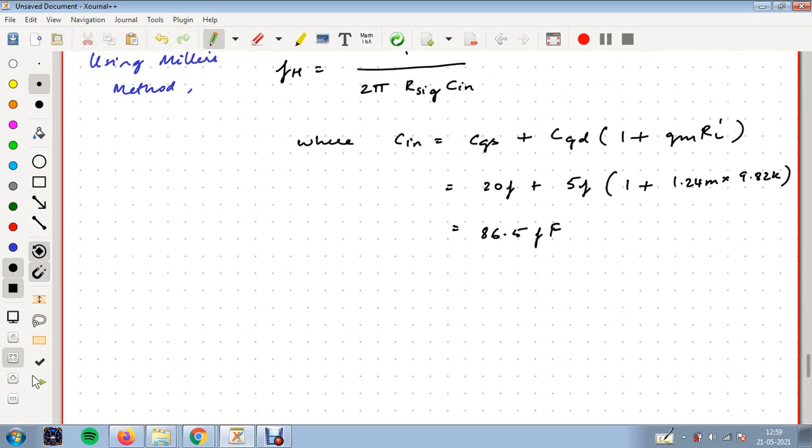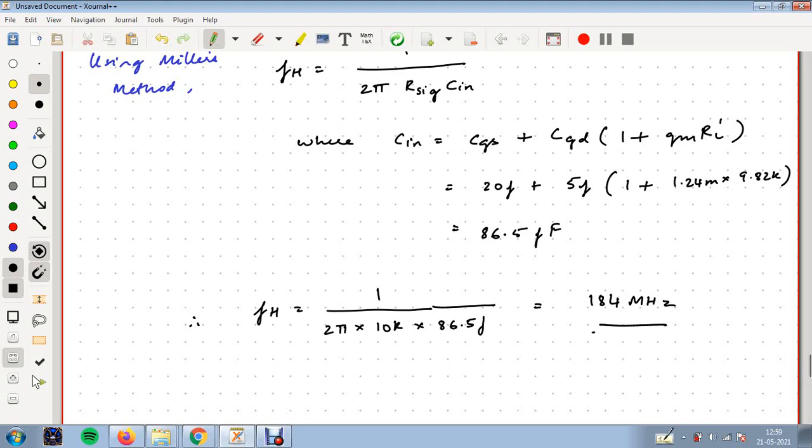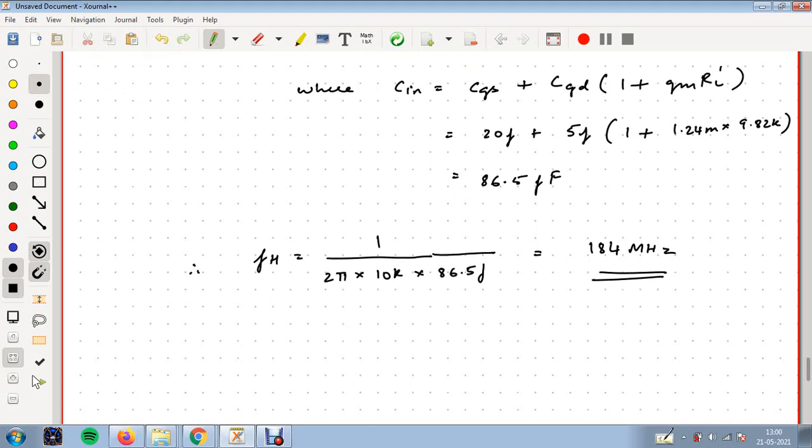Therefore FH is 1 by 2 pi into R signal, which is 10 kilo, into 86.5 femto. This will give me 184 megahertz. So using Miller's theorem, my FH was 184 megahertz.